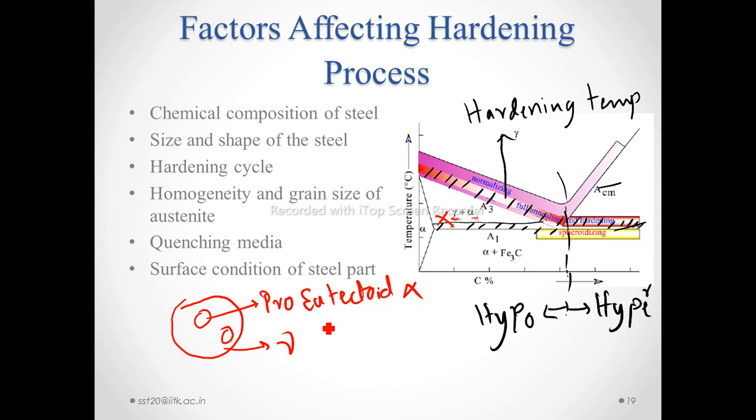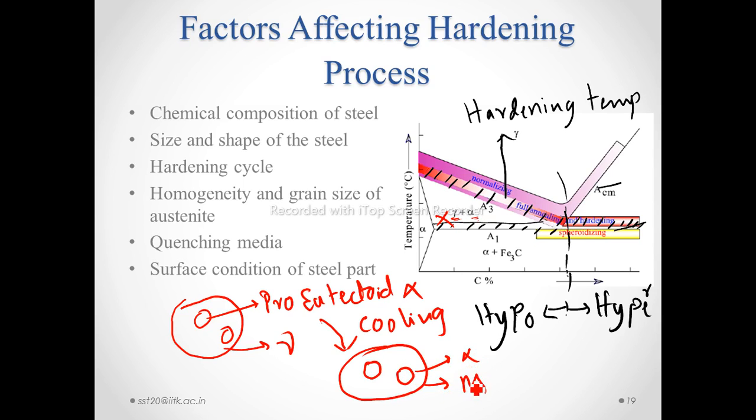When we suddenly cool this, the austenite will convert into martensite, but the pro-eutectoid alpha will remain as usual. After cooling, we will get pro-eutectoid alpha along with martensite.